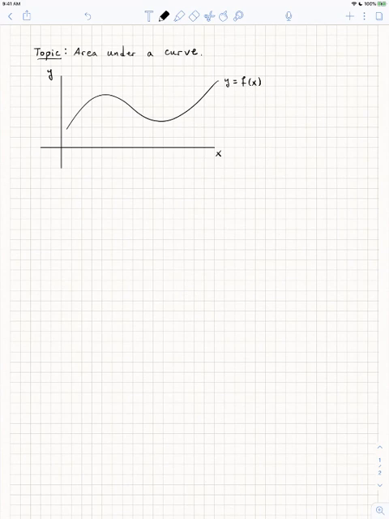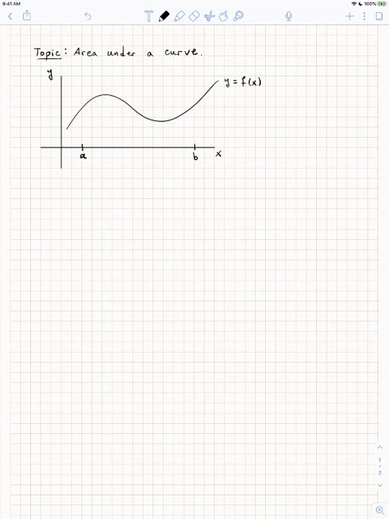Now, in order to do that, I need to specify a range of values over which we're considering this function. So let's start over here and call that x equal to a, and on the other side we'll call it b.